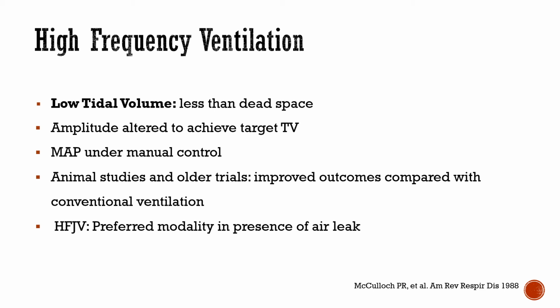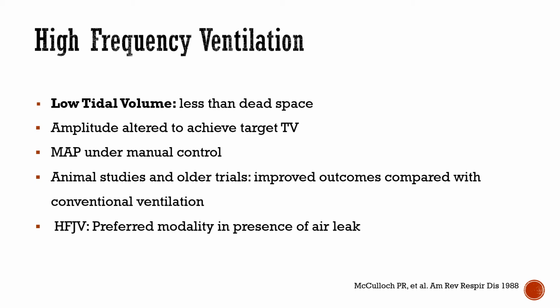In the former, there is an oscillator at the airway end of the patient which oscillates at high frequency, which varies between 1.5 to 20 Hz, leading to a rate of between 150 to 2500 per minute. And the other type being high frequency jet ventilation, in which the device delivers initially a jet followed by expiration, which is passive.